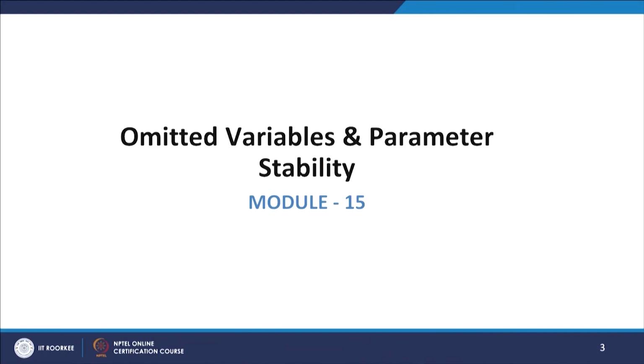In module 15, I present two types of model misspecification, omitted variable problems and measurement errors, while in module 16 we will discuss how to deal with such problems, that is, if variables have been omitted or there is measurement error, what steps are required to correct for those kinds of model misspecifications. So, module 15 is on omitted variables and parameter stability.